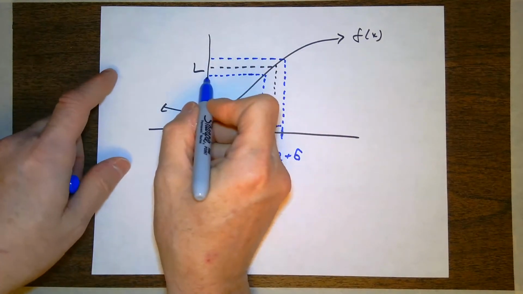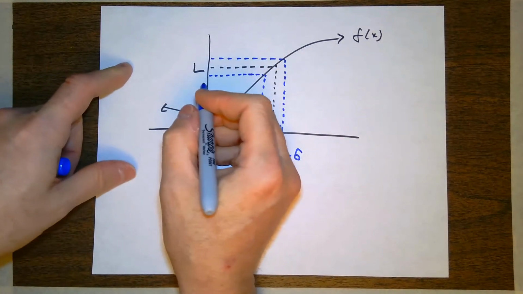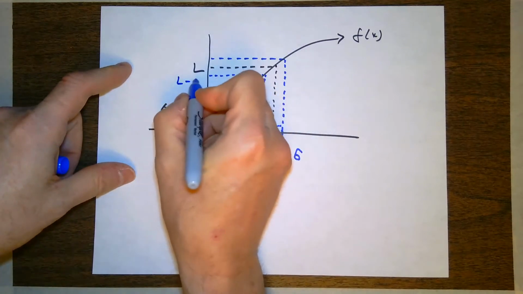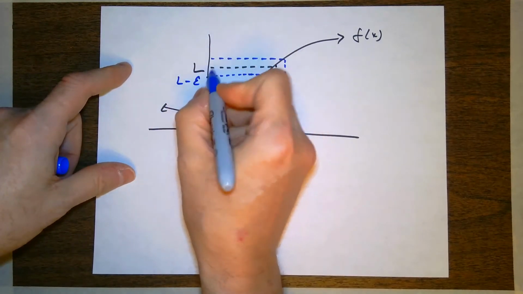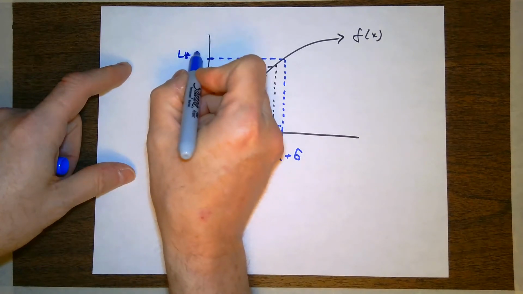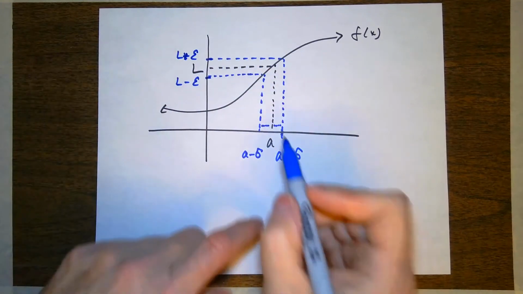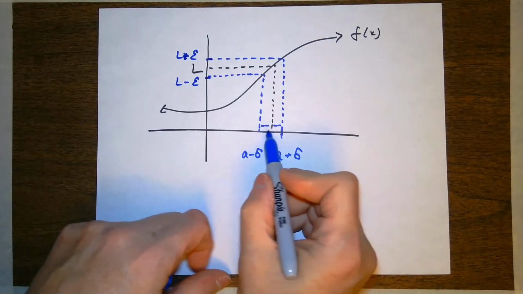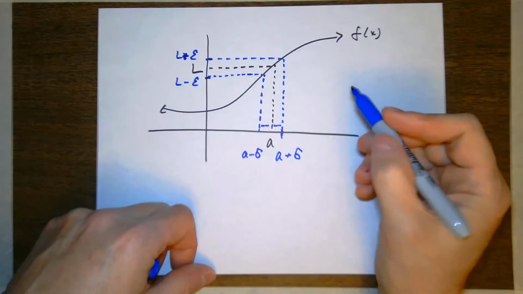This value here would be L minus some epsilon, and this value here would be L plus some epsilon. And as the delta value approaches 0, the epsilon value also approaches 0.